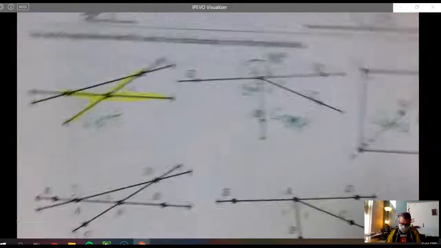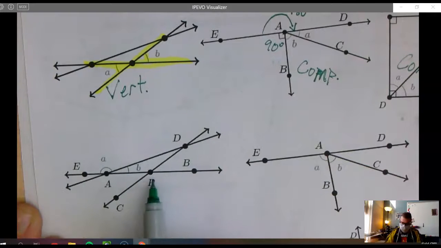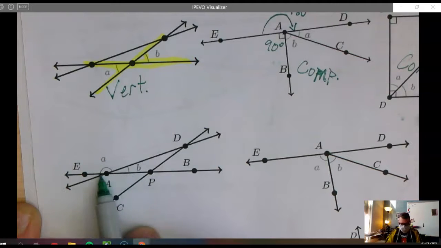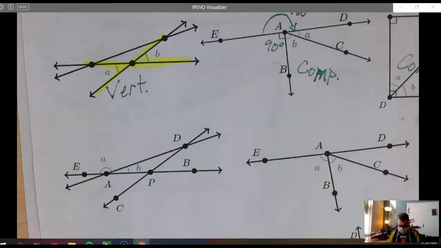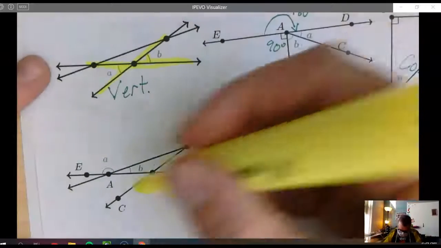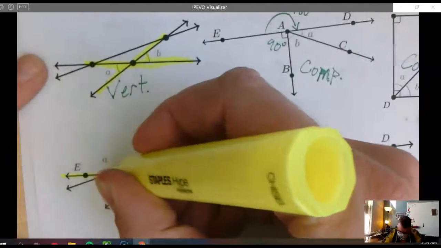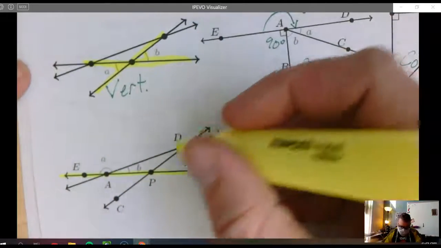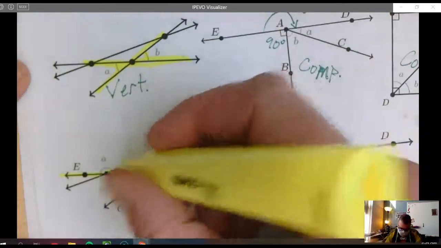Nate, down here, moving to this crazy weird triangle shape, but now different angles. What are these A, B? They are adjacent. I agree with that because they share the vertex, they share this line.